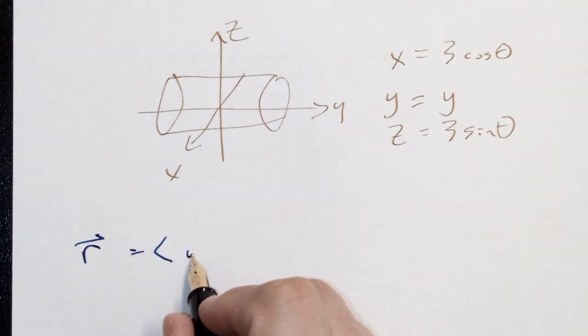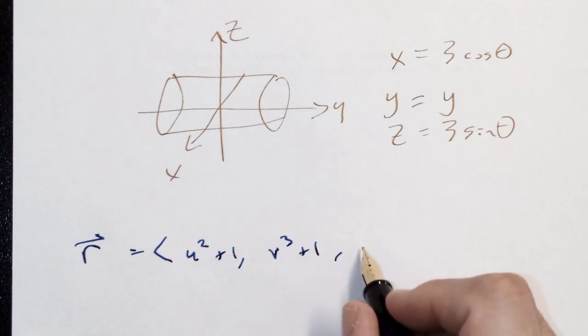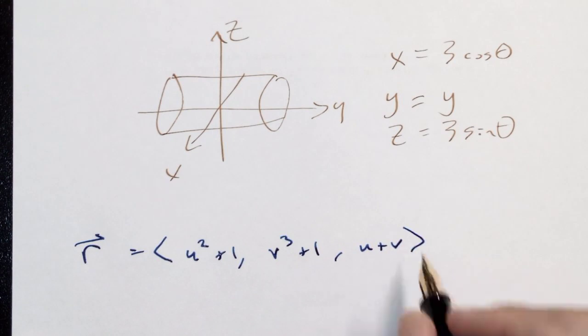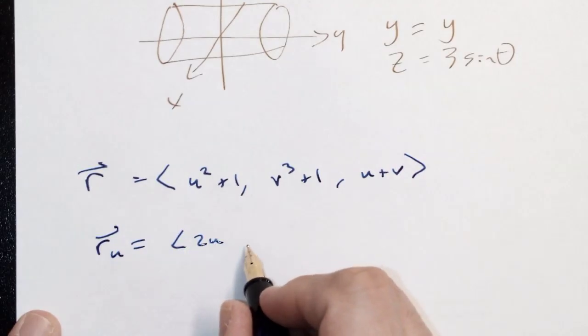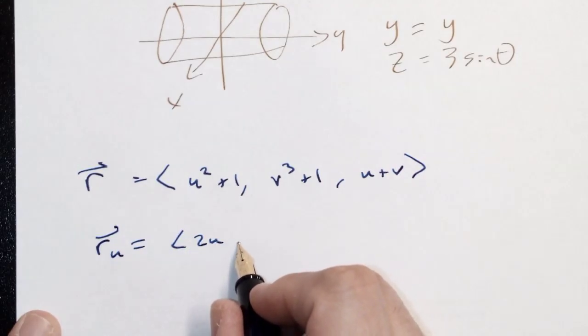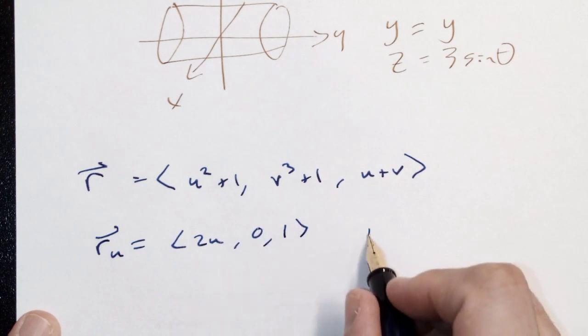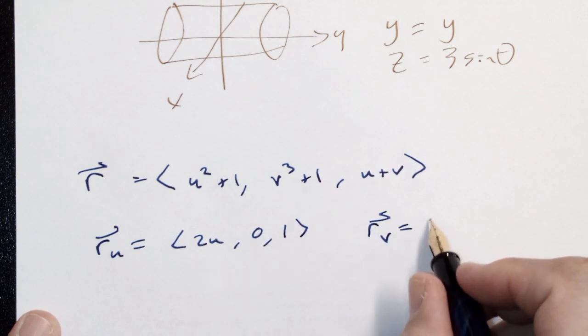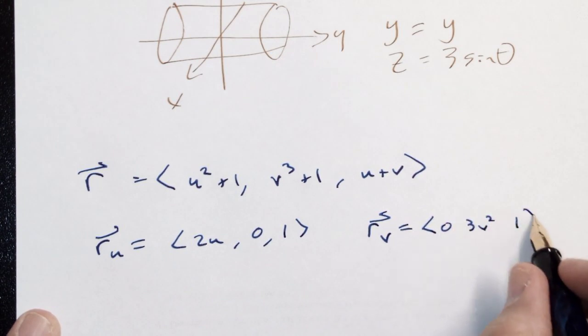U squared plus 1, then V cubed plus 1, then U plus 1. So what's RU? Yep, 2U, 0, and 1. And RV? 0, 3V squared, 1.